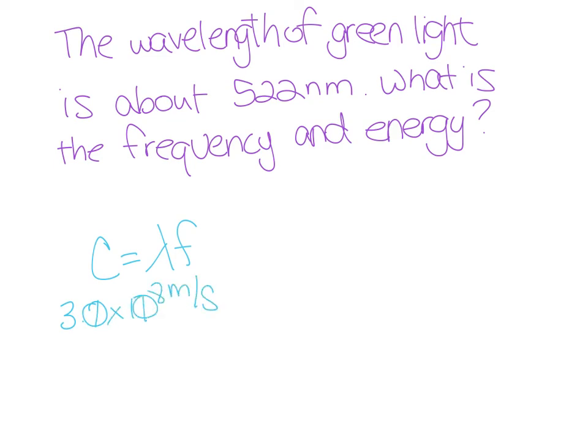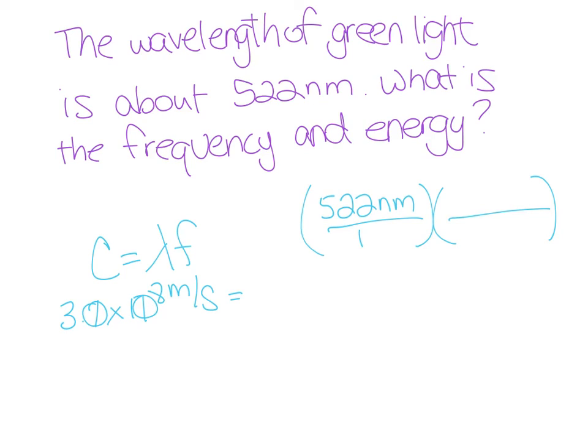Very good, Zach. He said, but wait, my wavelength is given in nanometers. What do I need to do? Convert it to meters. How do I convert that to meters? 1 nanometer is what? I know it's 10 to the negative 9.